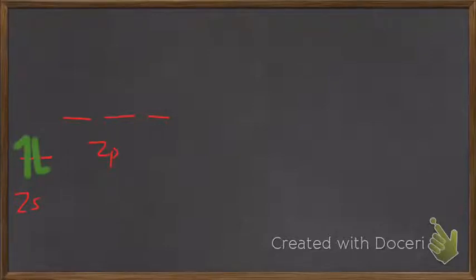Then all we have to do is take a little bit of energy, and if you add enough energy, you can pop one of these up here. Then it would look like we have one in the 2s and one in the 2p.